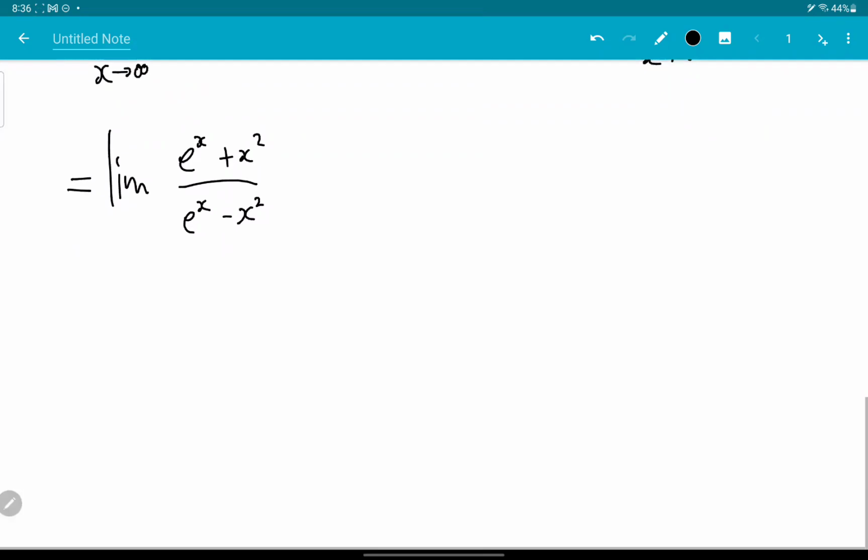Okay, I'm going to use a little trick here. Now I'm going to identify the dominant term in the numerator. I'm going to identify the dominant term down here in the denominator. It's e to the x. What do I mean by that?